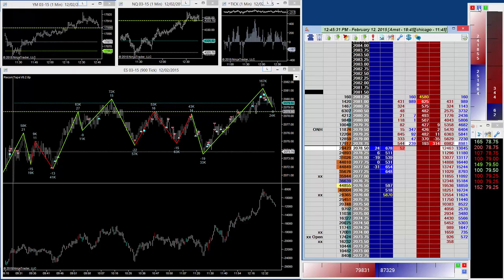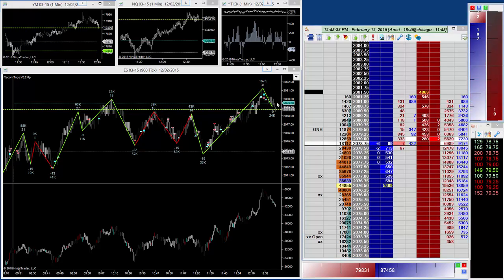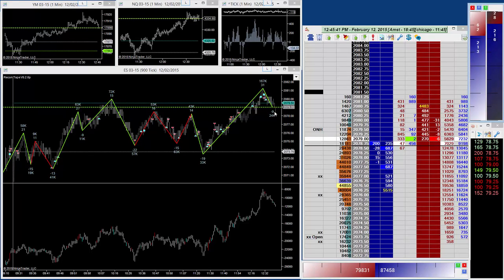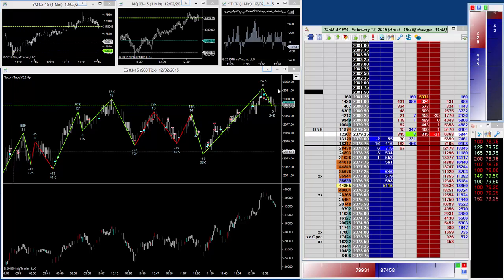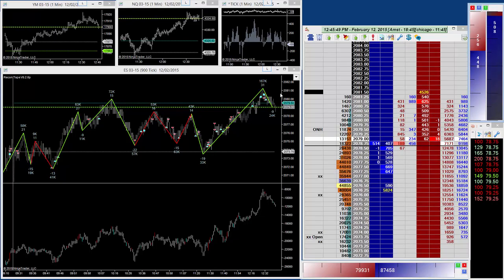But what we're looking for now is buyers to jump in. You don't need to enter at this point. You don't need to say, right, I'm now going to catch this move down at some point. You can wait until you see some buyers come in. Because if buyers come in at this point, the chances are you're going to take out the top of the range. So you don't need to buy the low of this swing down.